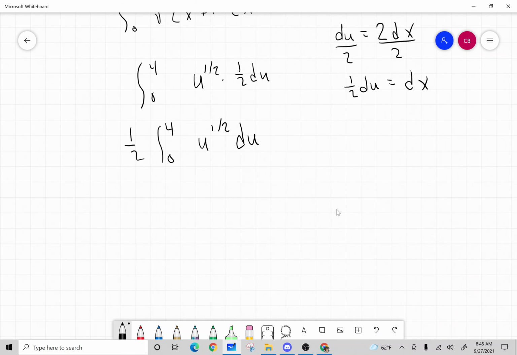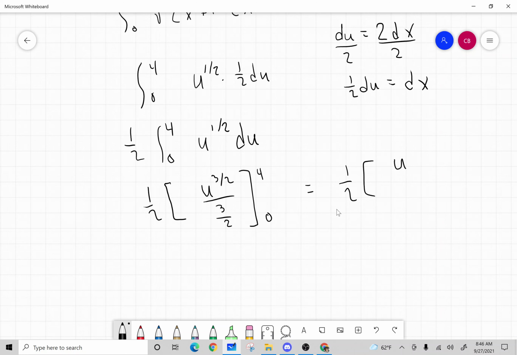Okay, now we're going to integrate. We have 1/2 integral, so this is going to be u to the 3/2 over 3/2 from 0 to 4. Okay, and so this simplifies to 1/2 u to the 3/2, 2 over 3.